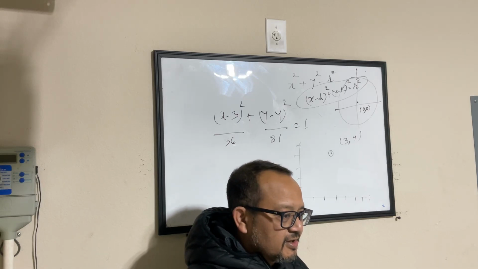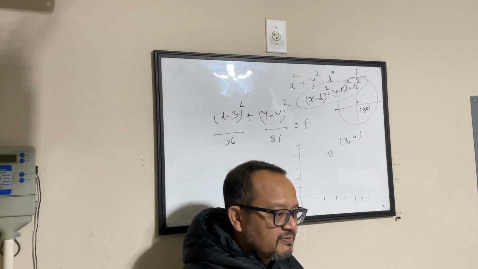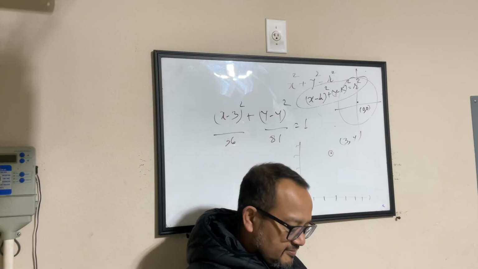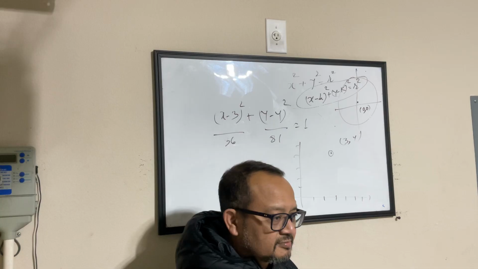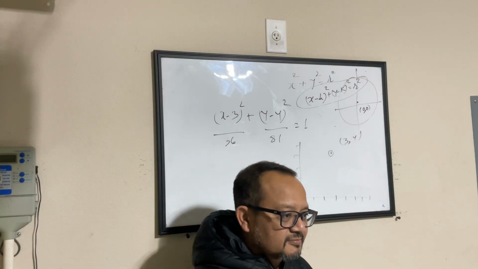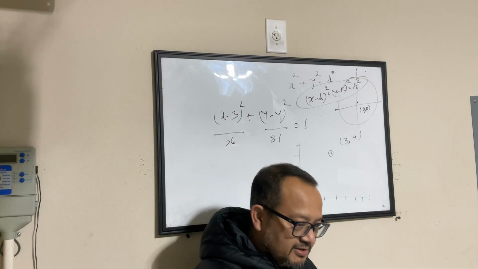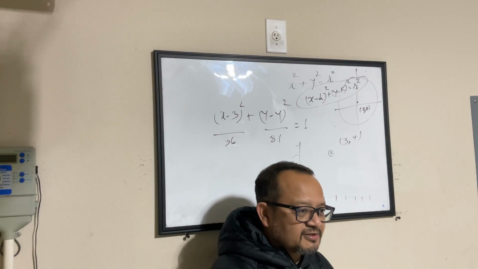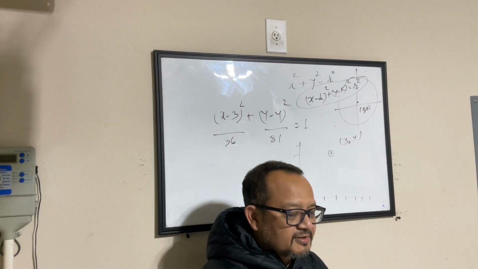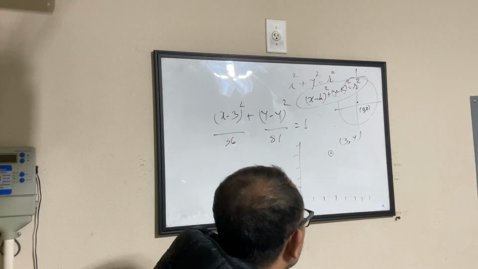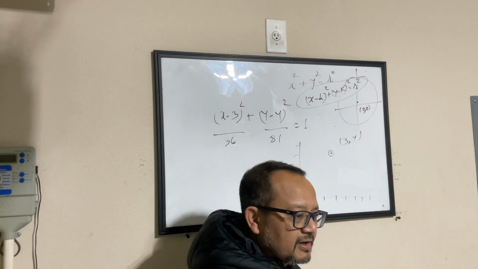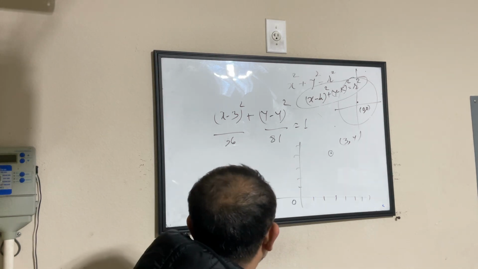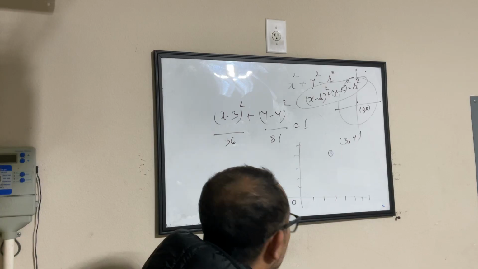Any thoughts? Prisha, Dhanushri, Dev? Pin drop silence. Chris, any thoughts? I think it might be a vertical ellipse, not a horizontal ellipse.